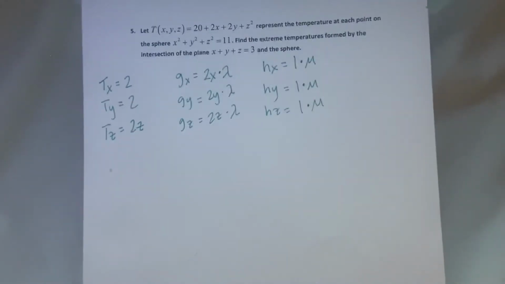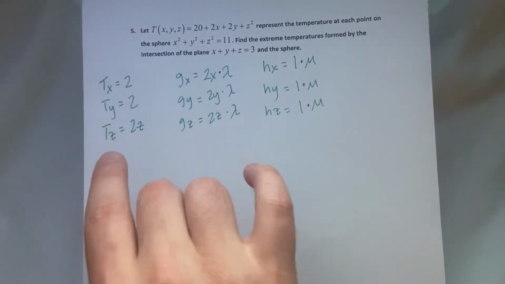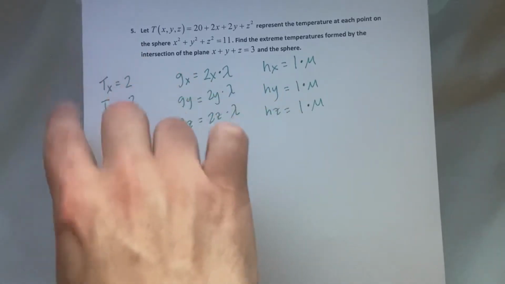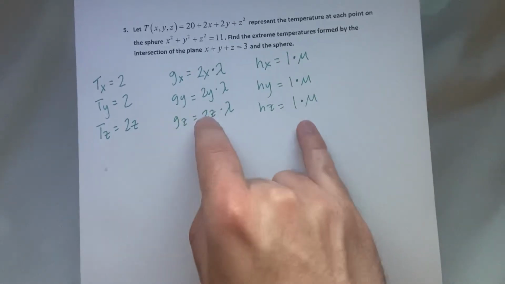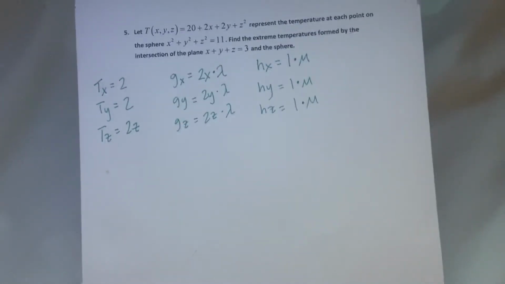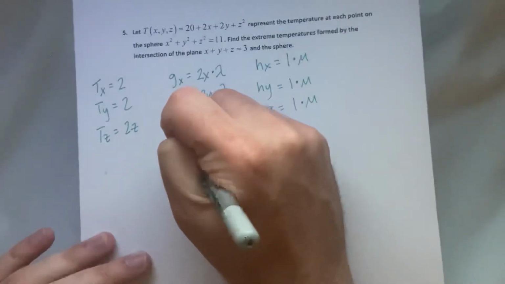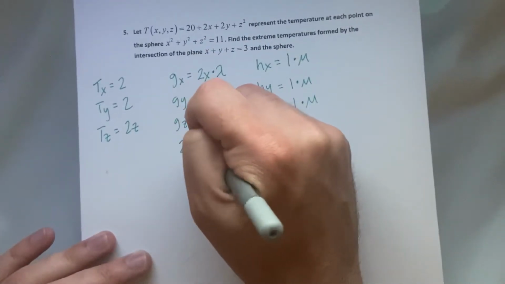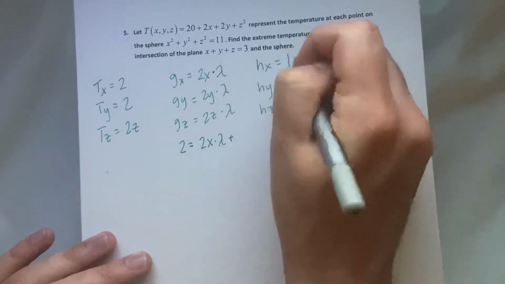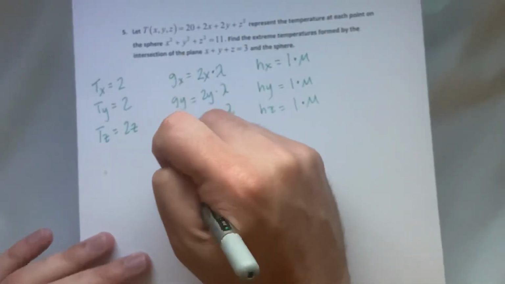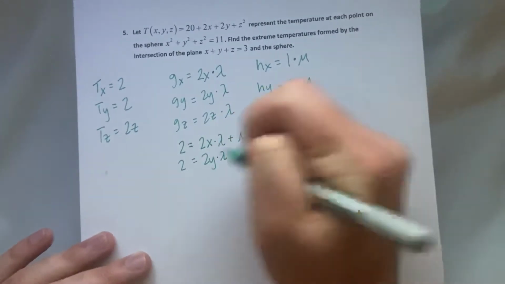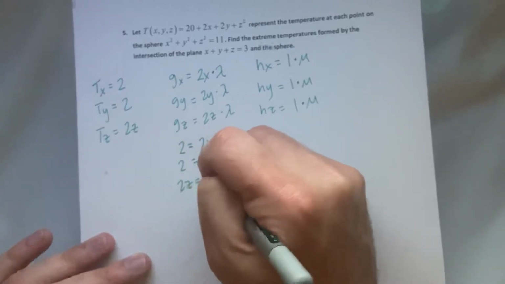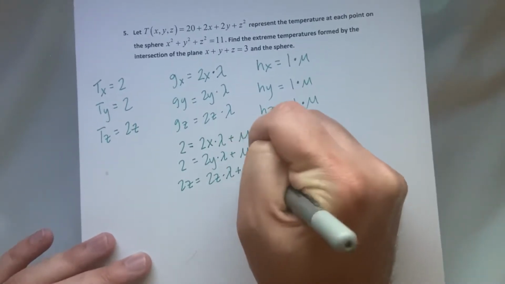Now, what's going to happen here is instead of these two being equal to each other, our max-min function has to be compared to the sum of these two gradients, which means 2 has got to equal 2x times lambda plus 1 times mu. 2 for y has got to equal 2y times lambda plus 1 mu, and 2z has got to equal 2z times lambda plus mu.